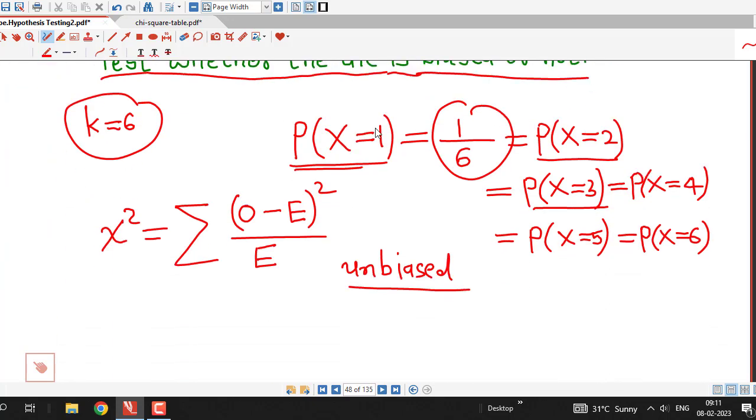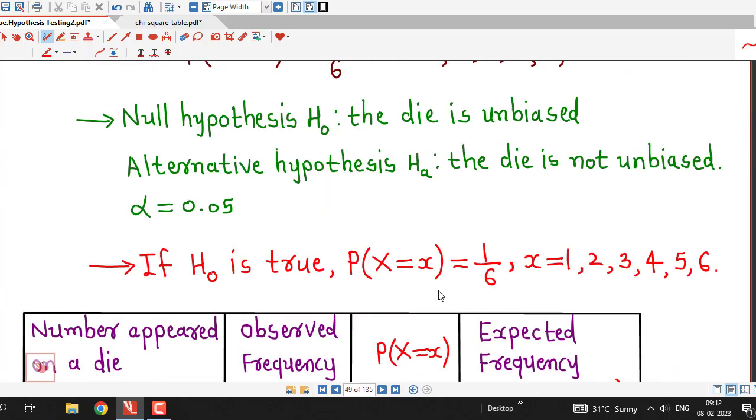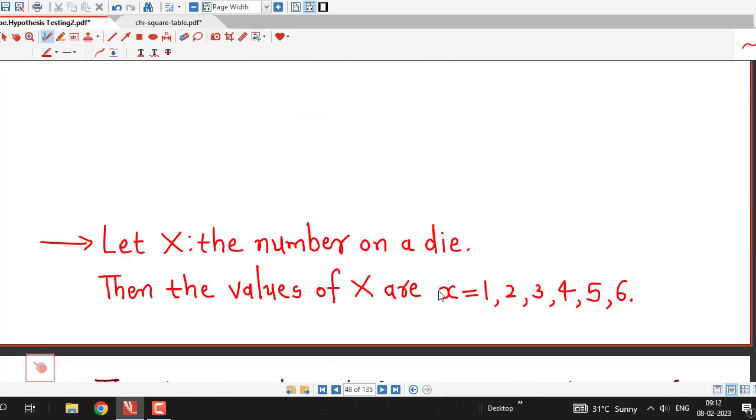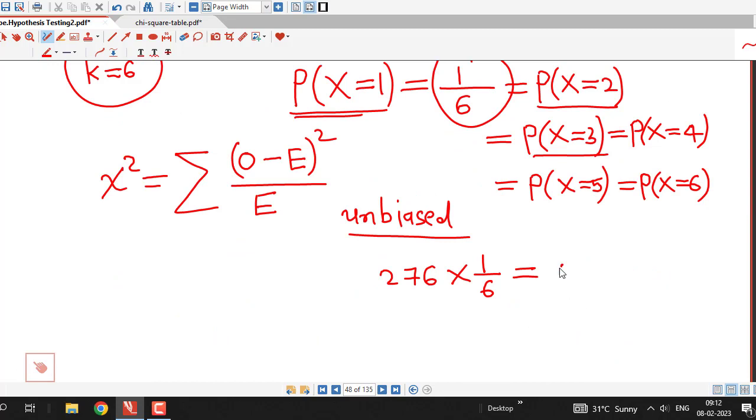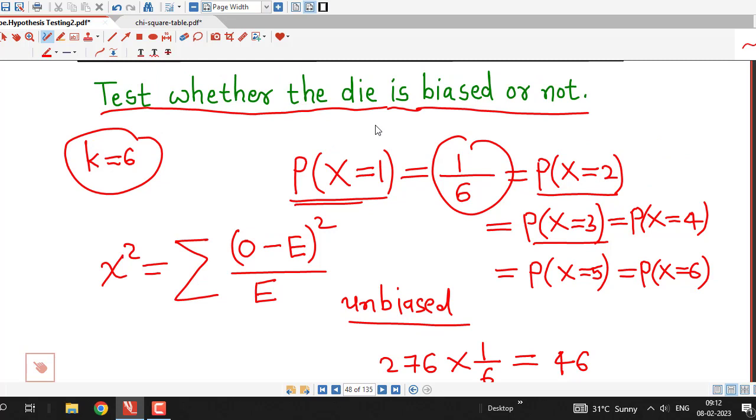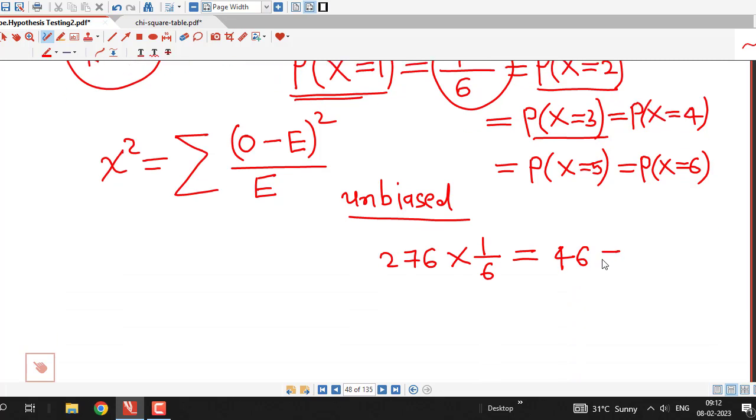So to find out expected frequency, we will multiply each of these probabilities by 276, and here all the probabilities are equal. So if we multiply this 276 by 1 by 6, then we will obtain 46 expected frequency for each number from 1 to 6. So this 46 will remain same.